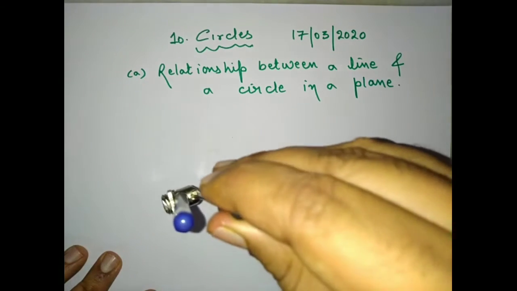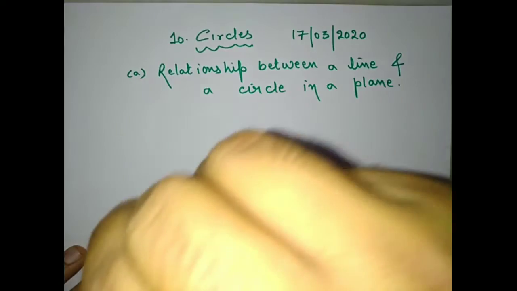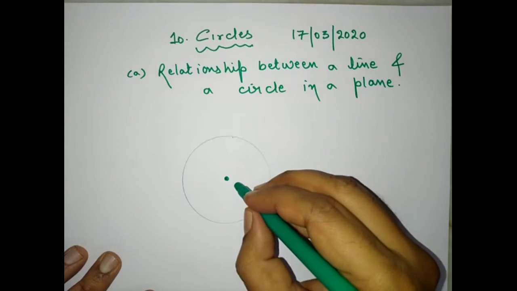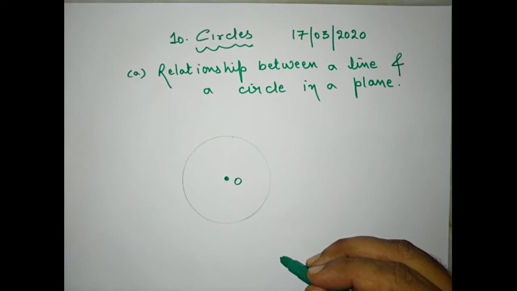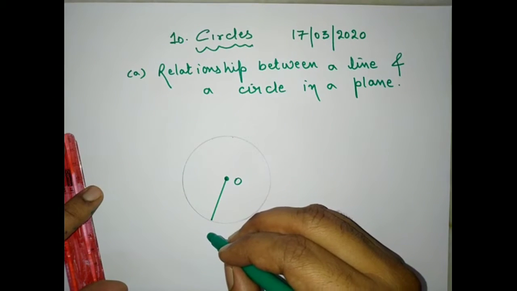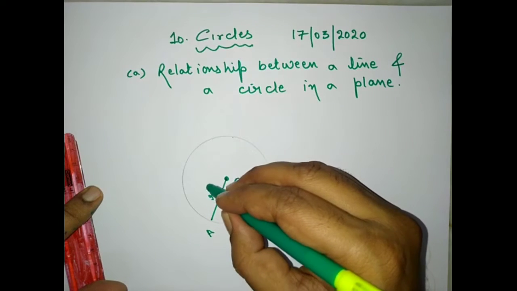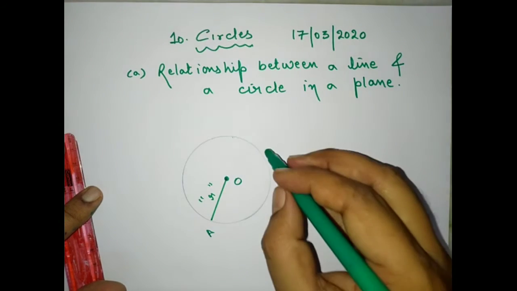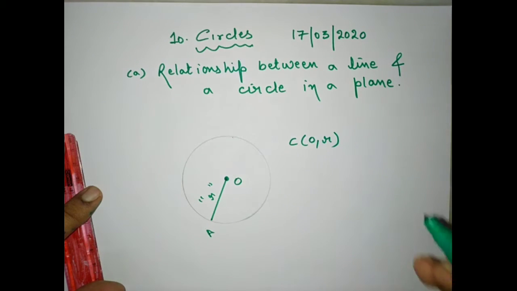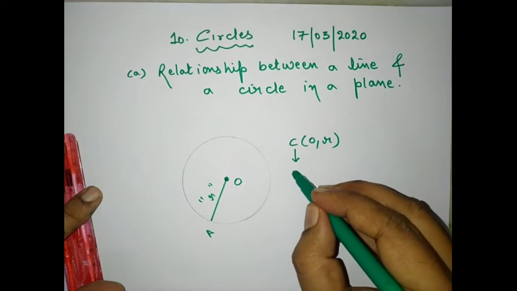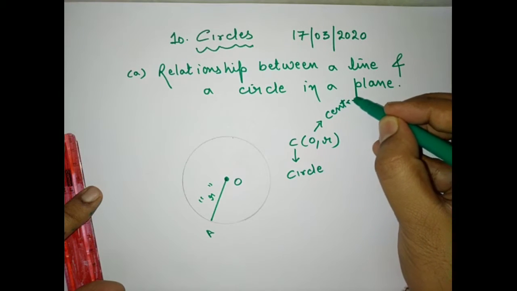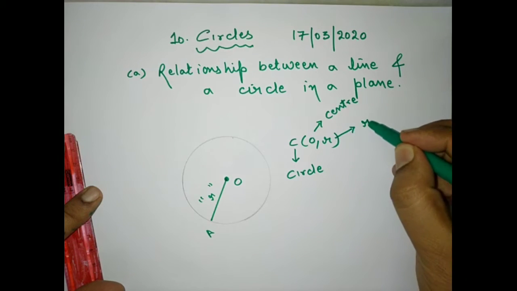We know that to draw the circle, first we need a fixed point, and with some fixed distance we draw a two-dimensional shape. Each point of the two-dimensional shape is at an equal distance from the fixed point O. The distance between O and the circle is known as radius and generally represented by R. Circle is written as C in bracket O comma R, where C stands for circle, O stands for center, and R stands for radius.